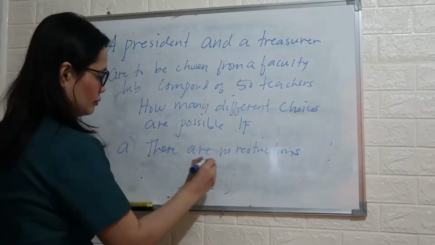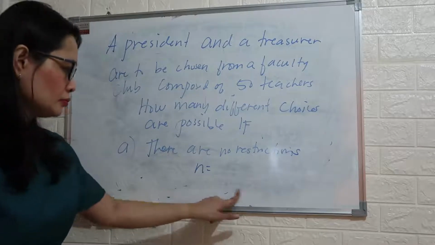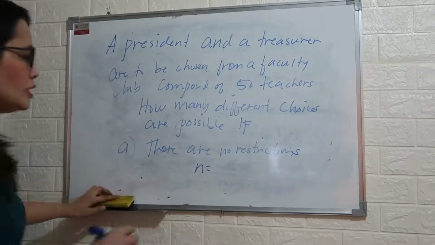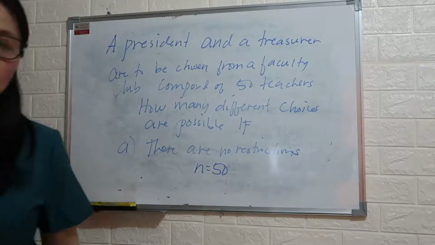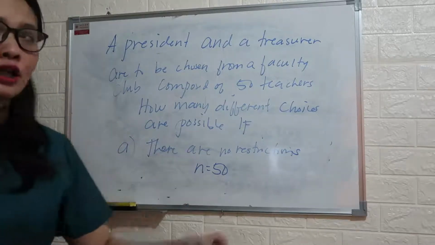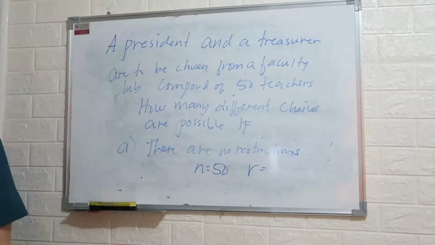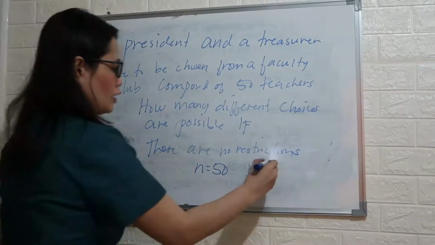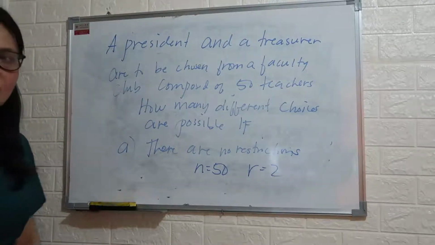Let me see N, how many? How many teachers? 50. Okay, 50. From the 50 teachers, we need to choose the president and then the treasurer. So your R is what? 2. Okay, 2. So therefore, how do we answer it?